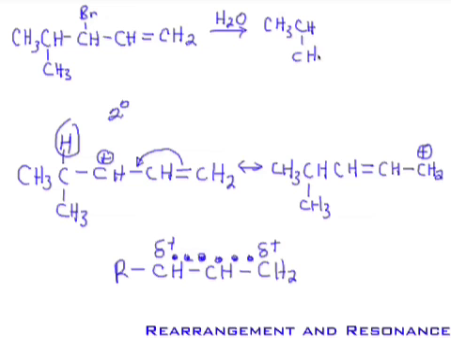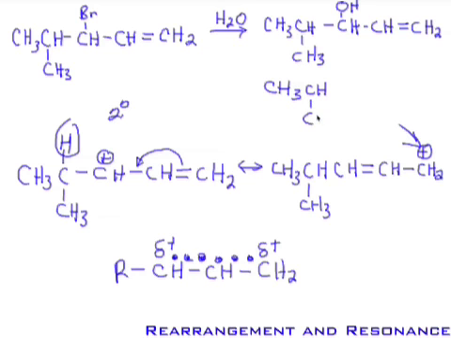While you can get the OH going in place of the bromine, so you can get OH here, or you could get the nucleophile H2O attacking that position, which would give you this guy.